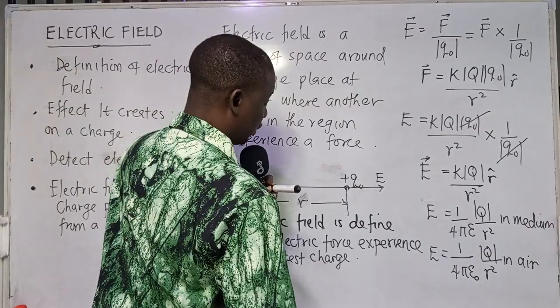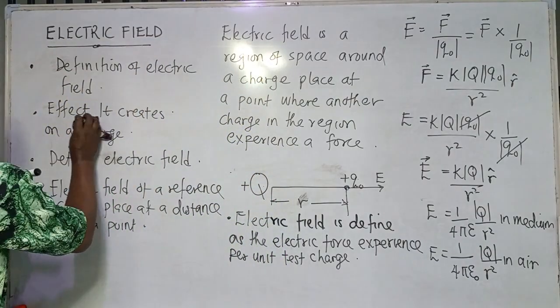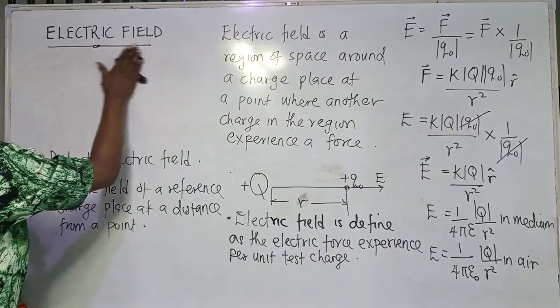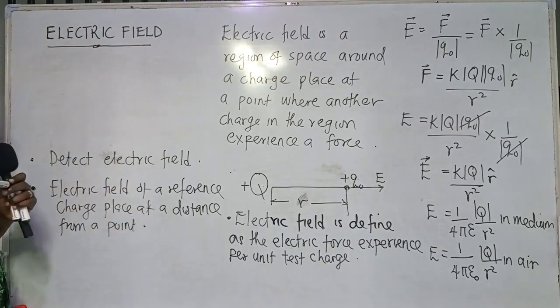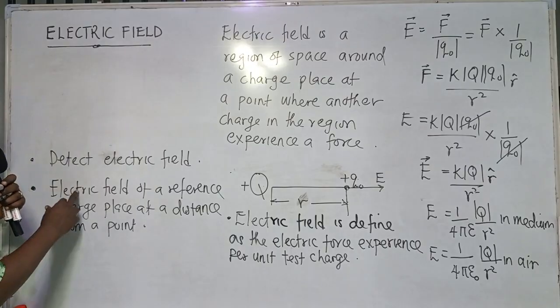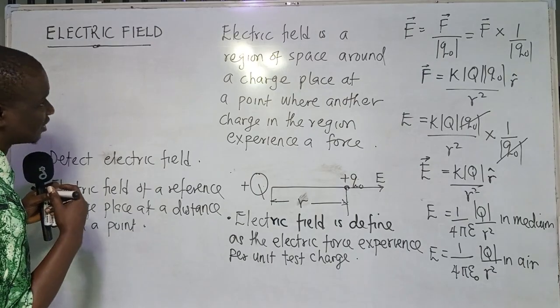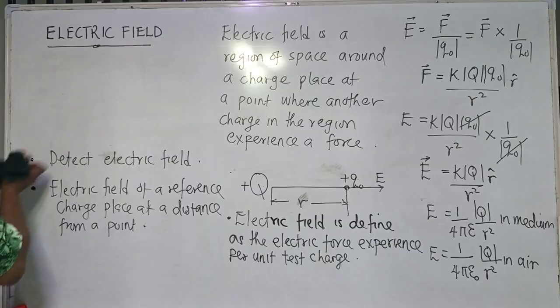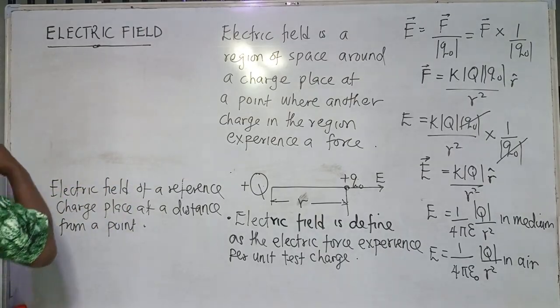How do we now know? Because we know that electric field has magnitude and direction. I've talked about the effect. I've talked about how to detect the electric field. This is where we are now, the last part. But we know that electric field is that which has magnitude and direction.